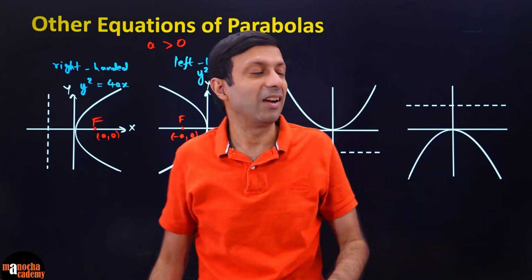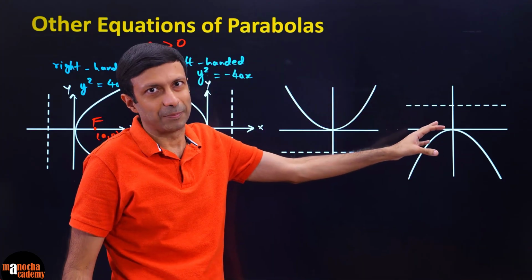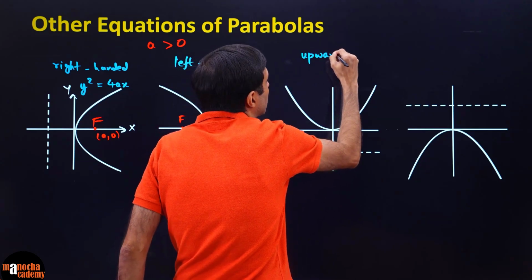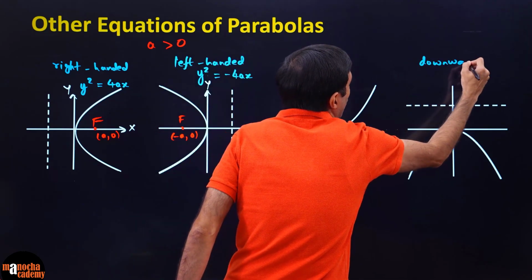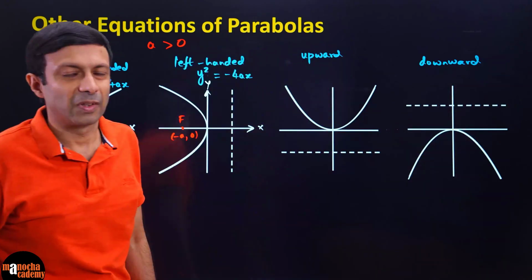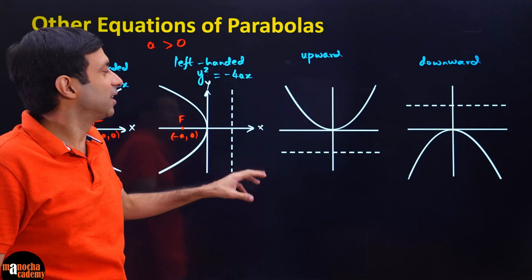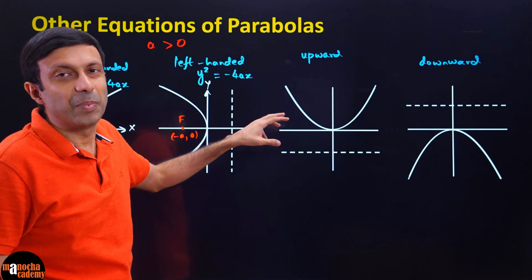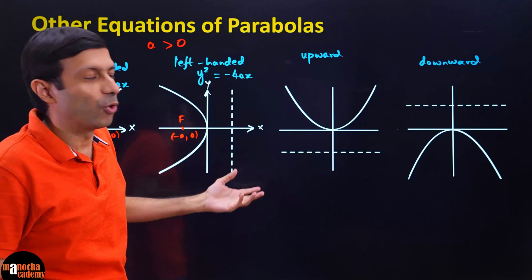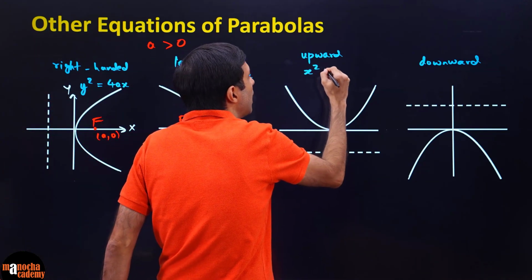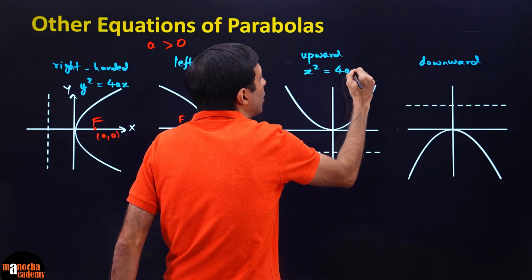Now let's look at the upward and downward parabola. What will these equations look like? Well, they are very similar. The only thing you need to change is, instead of y square equal to 4ax, the equation is going to be x square equal to 4ay.